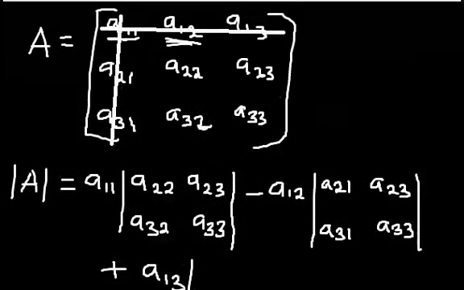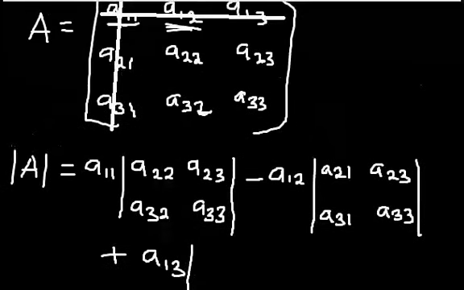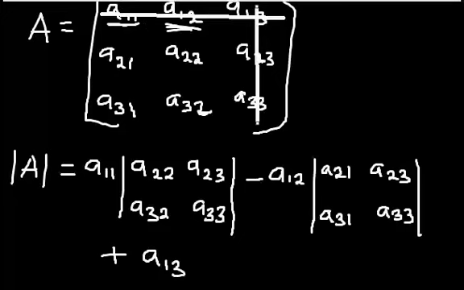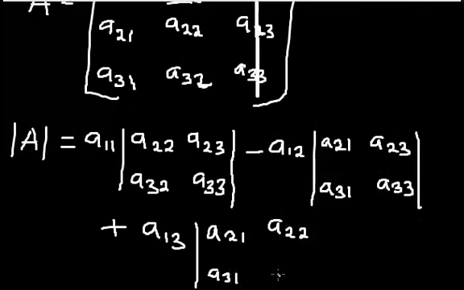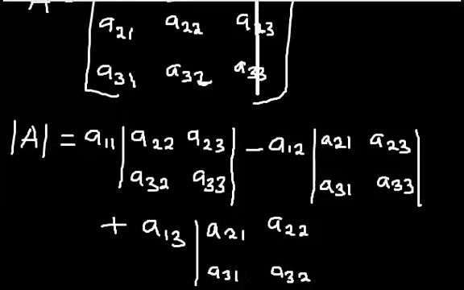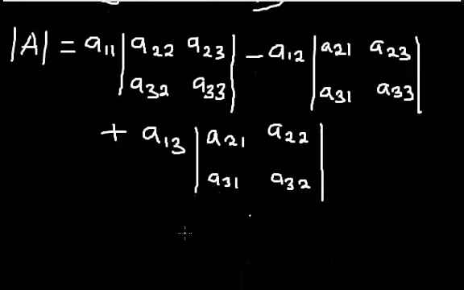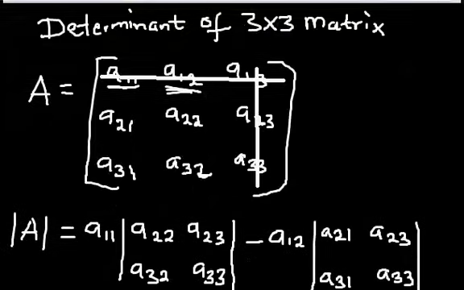Oh, I made a very big mistake. This is what I'm supposed to cross out. So what I have left is A21, A22, A31, then A32. As simple as that, and we are done.